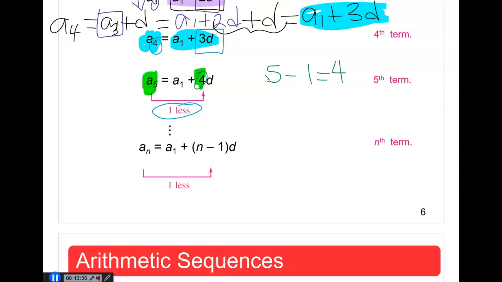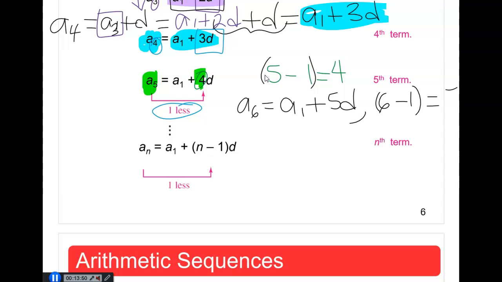If I was to find the sixth term, for example, a sub 6, it will be a sub 1 plus 5d, because 6 minus 1 is equal to 5. And so that is the number of times that we will be adding that common difference. Remember, 1 less than the subscript.